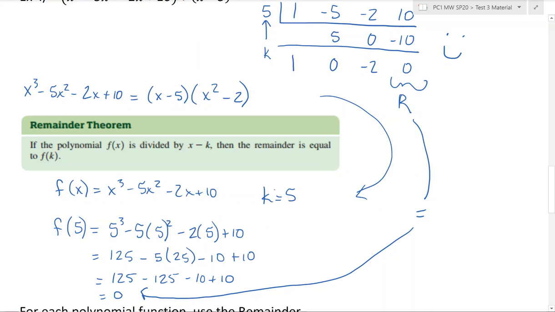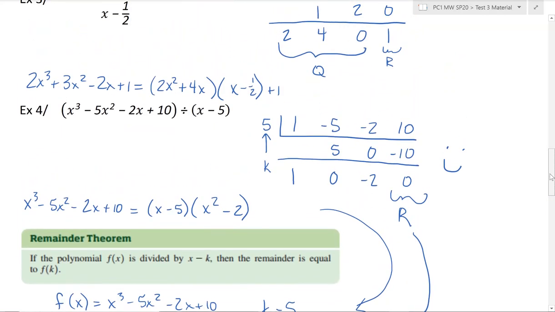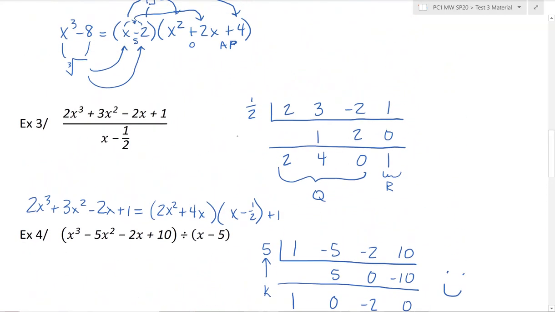This will serve some other purposes for us as we go on. So just trust me, you're going to want to know that the remainder is equal to f of k. Go up to the previous problems. If this was your f of x and I found f of 1/2, then I would get a 1 out at the end. That would be very messy to do here with all the exponents and the fraction going on.